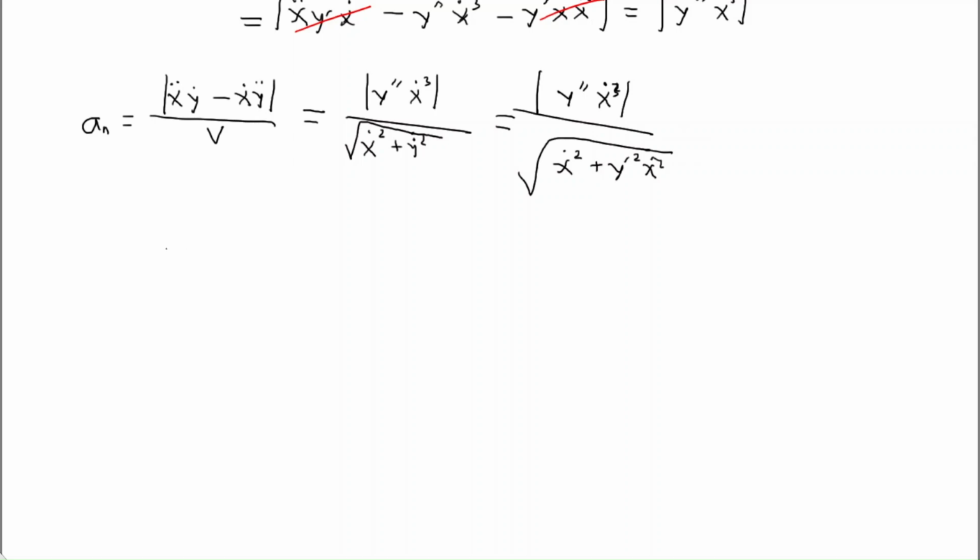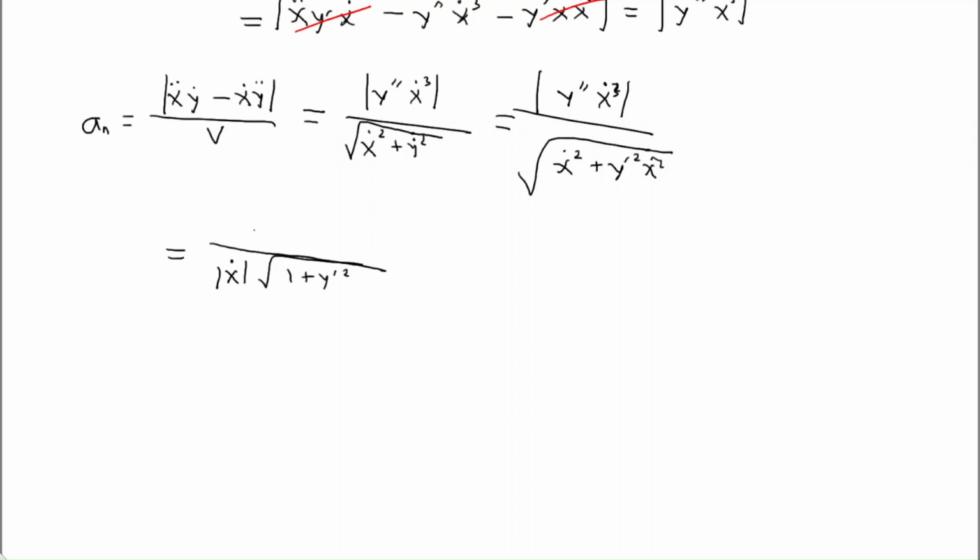So I can factor out an x dot squared from that denominator. And then when I take it out of the square root, it becomes the absolute value of x dot. And then I have the square root of 1 plus y prime squared.